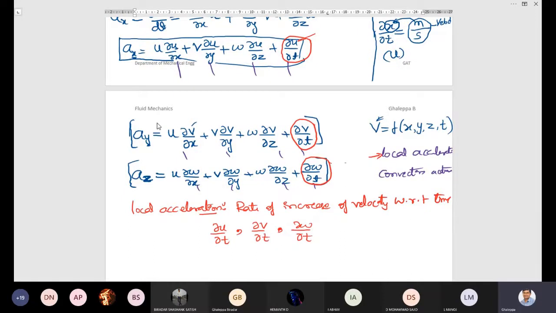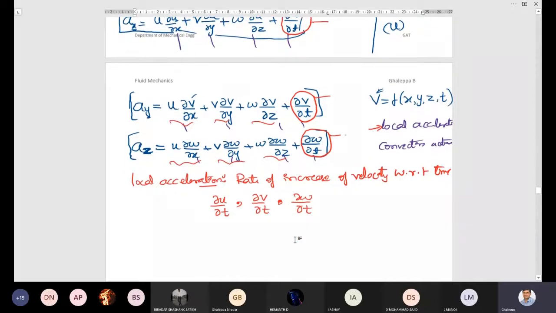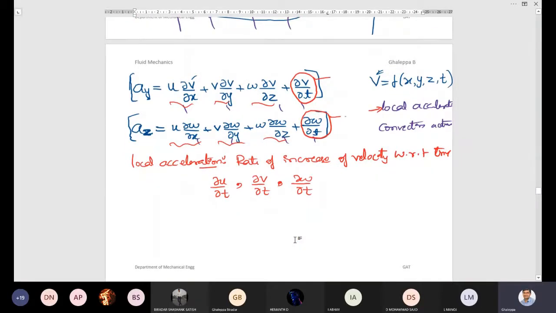Other than these three terms, all the remaining ones are the convective acceleration terms. Understood? Because we use this formula for calculating numericals. Numericals are very difficult to understand; they are related to partial differentiation and so on. So what is convective acceleration?